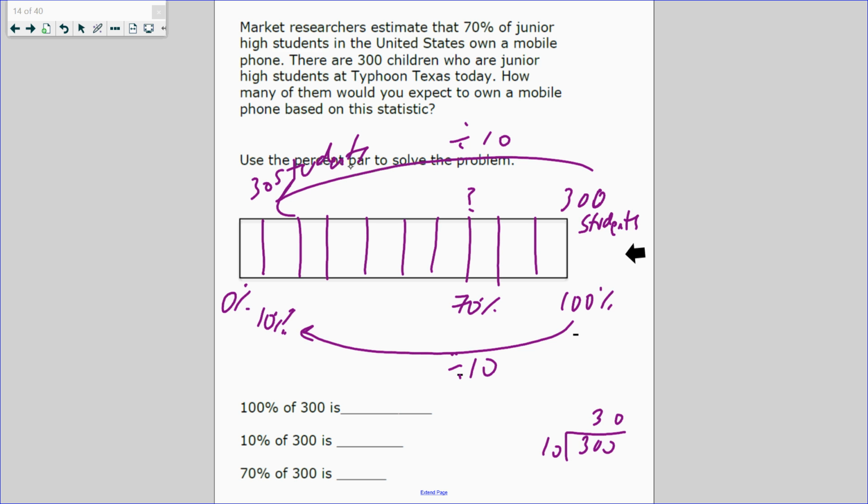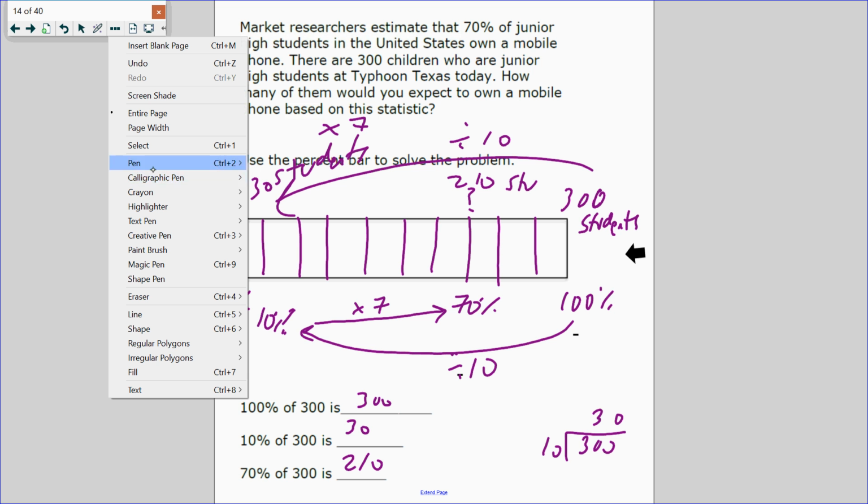So every 10% represents 30 students. How do you build 10% to 70%? Times 7. So 30 times 7 is 210 students. So 100% is 300, 10% is 30, so 70% times 7 is 210. That's one way you could have solved it.